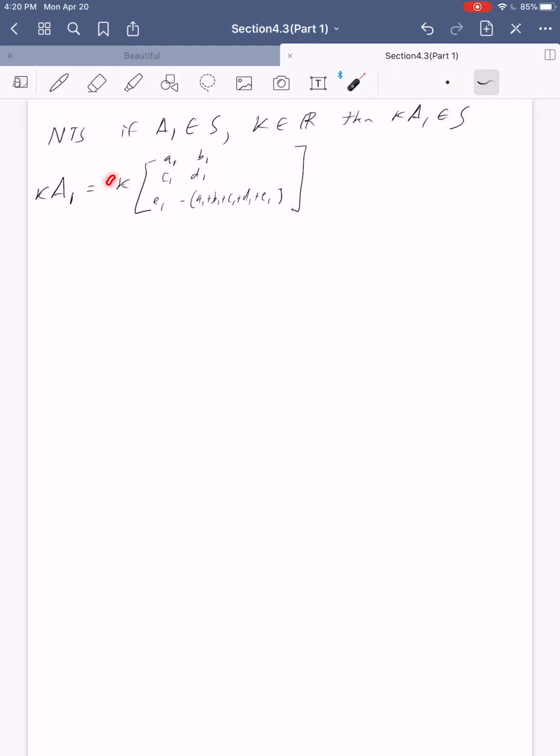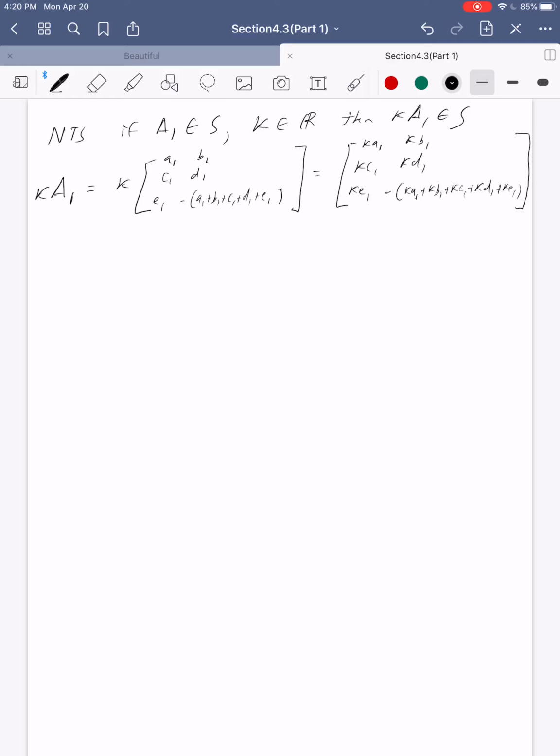Scalar multiplication just distributes onto all elements, so that's going to be ka1, kb1, kc1, kd1, ke1. And when we distribute this, it could go out here, or we could distribute it inside onto every element, which would be negative (ka1 plus kb1 plus kc1 plus kd1 plus ke1).